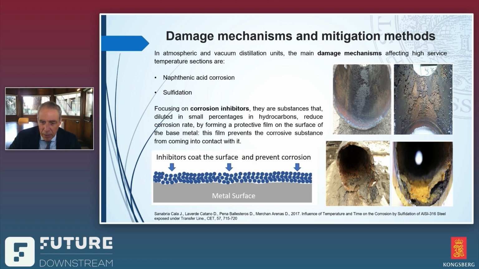You can see from the pictures in this slide how the corrosion attacks the metal in our piping, and the corrosion inhibitors form a protective film on the surface of the metals, and this film prevents the corrosion mechanisms.